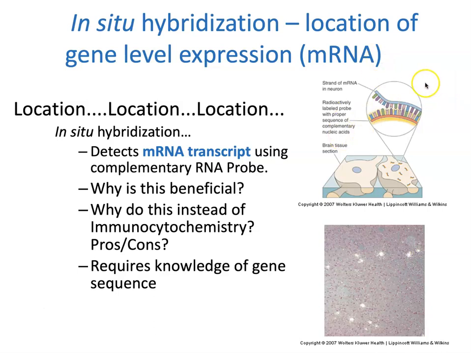Once it does that, you can either attach a radio label tag to it, which is what you see here, or a fluorescent tag. And so you basically can see under the microscope, which is what you see on the bottom panel, the lighting up of whatever gene product that you are looking for. So this is messenger RNA.